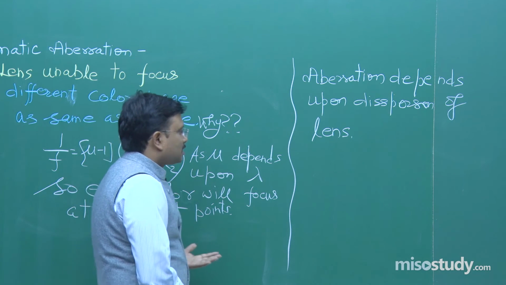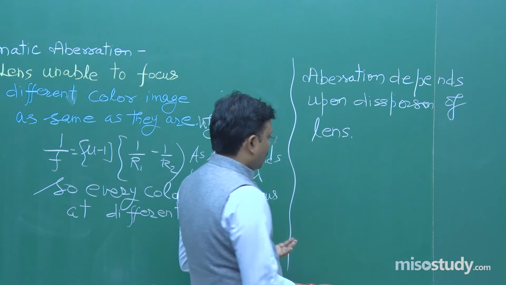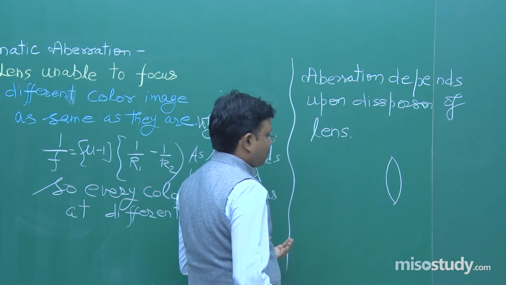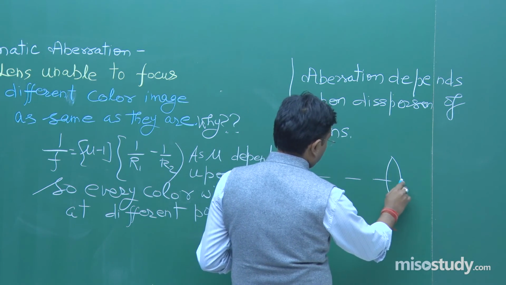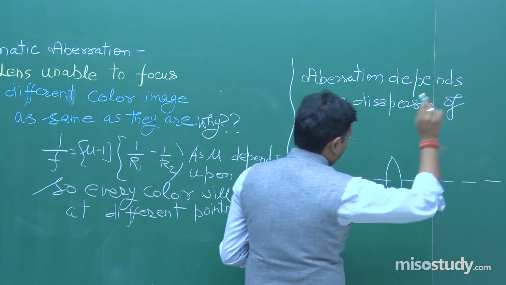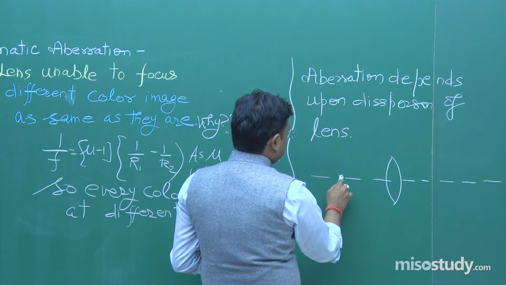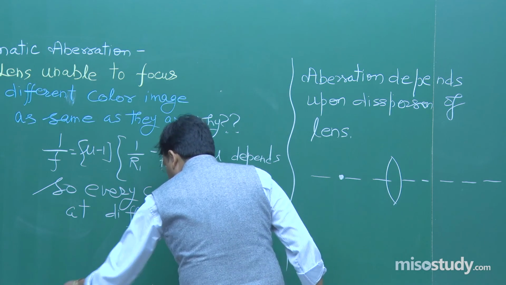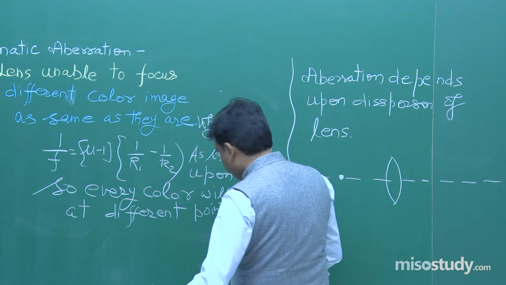So let us first start the discussion using a convex lens. Let us say this is a point object placed over here. Let me use different color chalks.